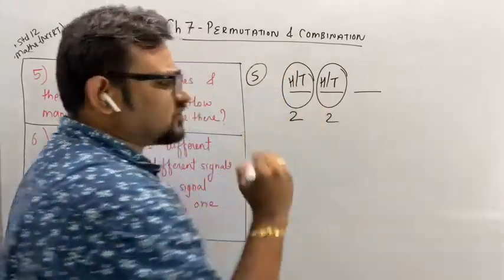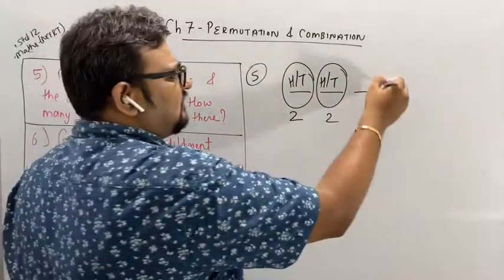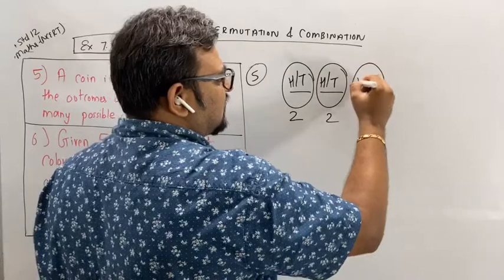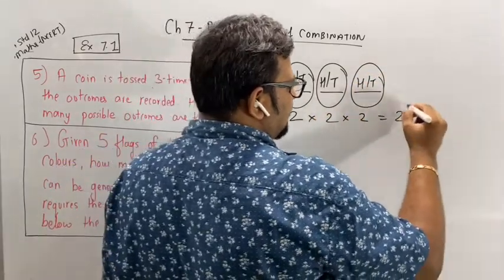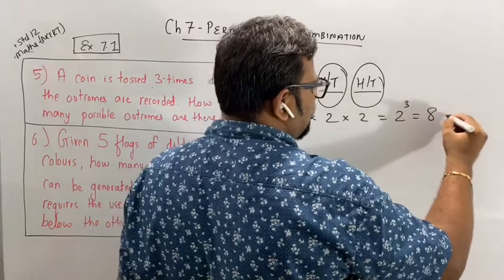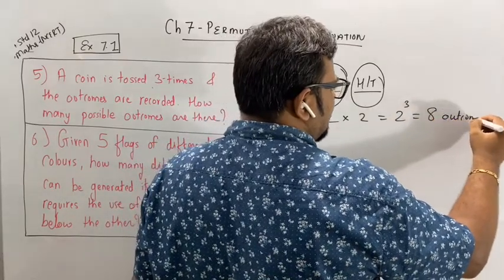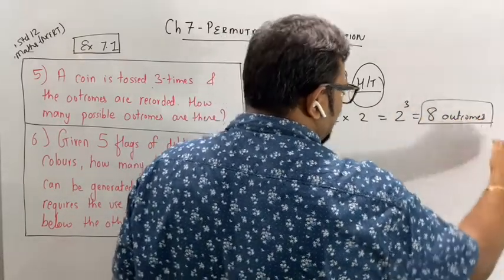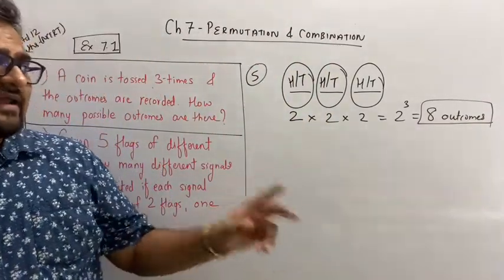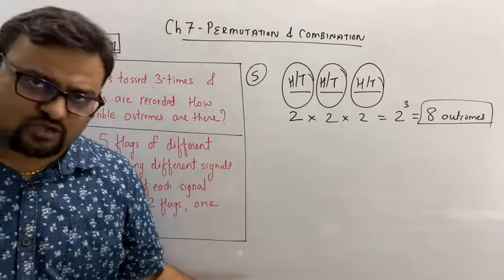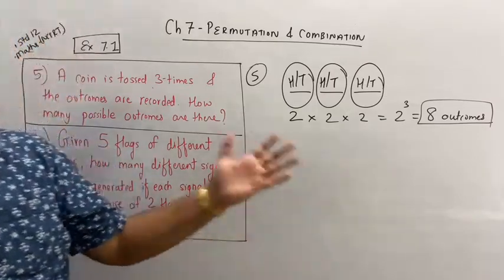Similarly, for the third toss, again two options. So 2 into 2 into 2, that is 2 raised to 3 equal to 8 outcomes. So when a coin is tossed 3 times, there are 8 possible outcomes. Clear? So note down this one.